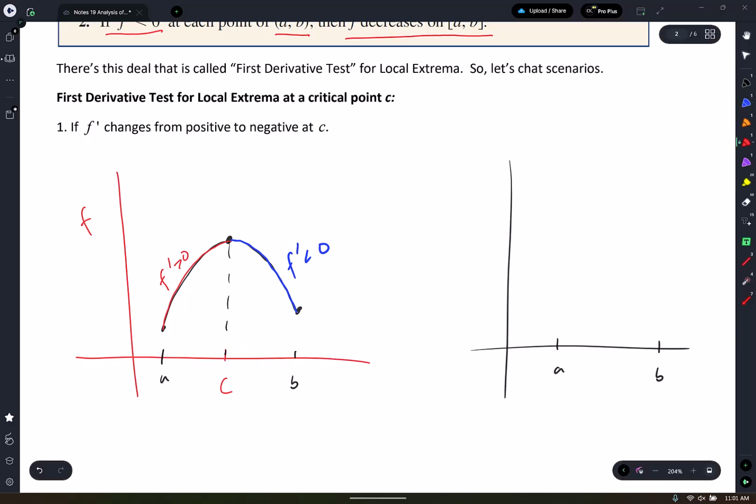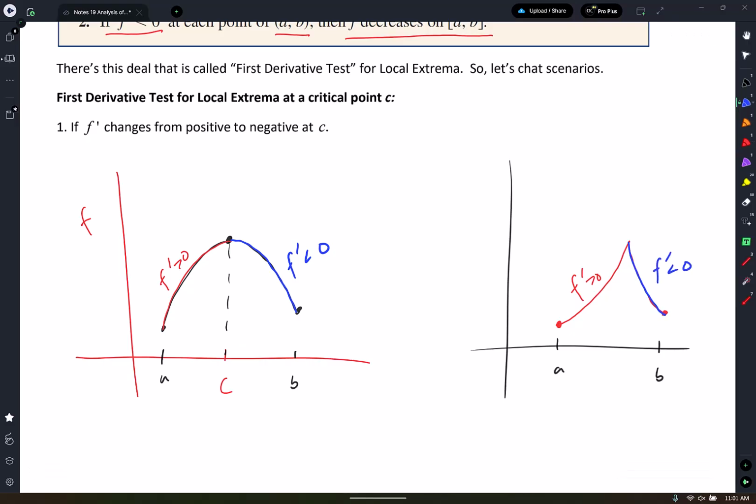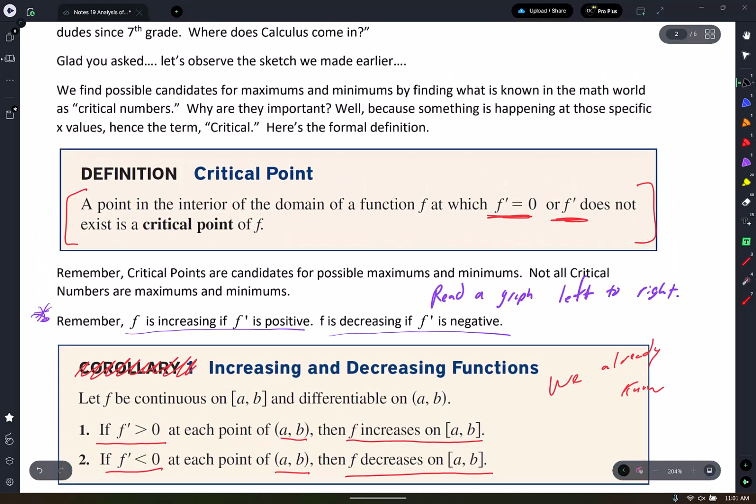And let's see, how am I going to do it this time? I'll do a little bird. That's how I used to draw birds in elementary. f prime is positive. What's a better word? Undefined? Does not exist is fine.